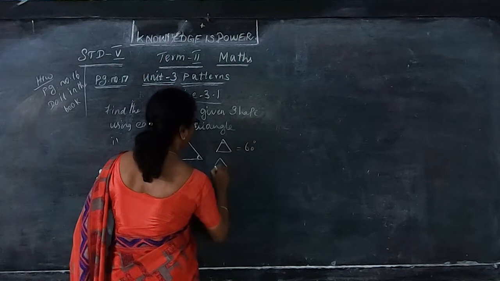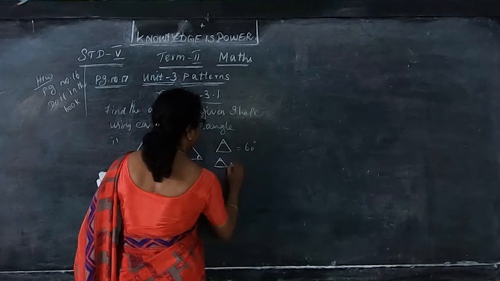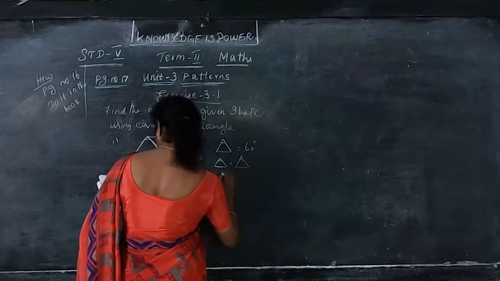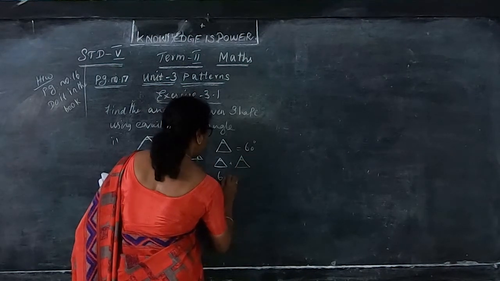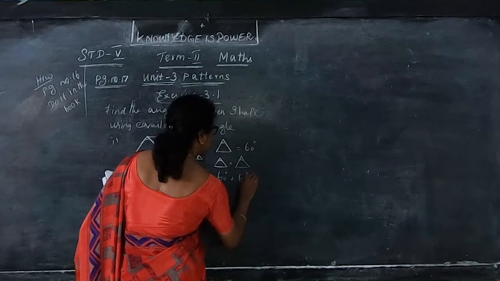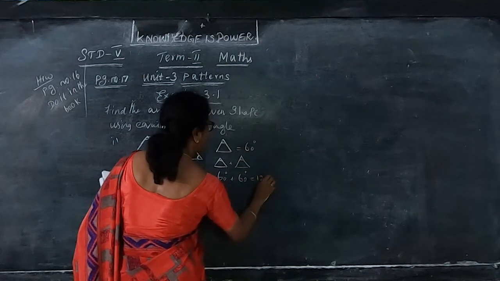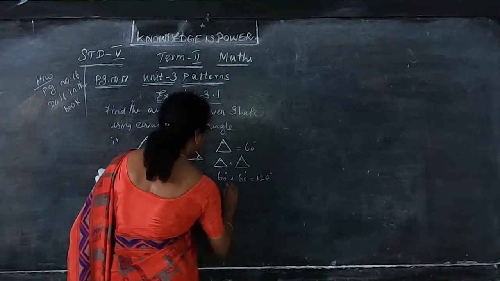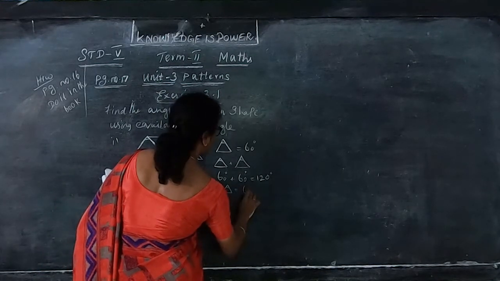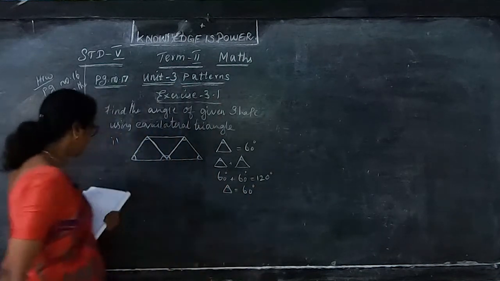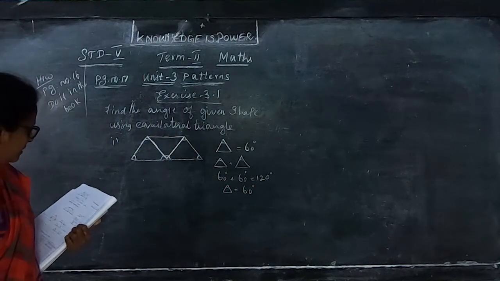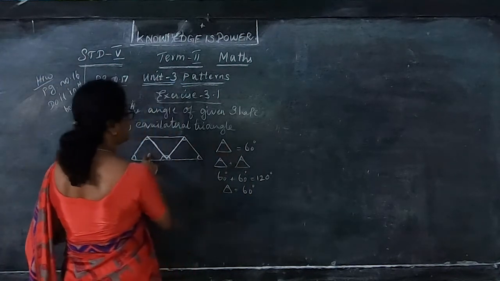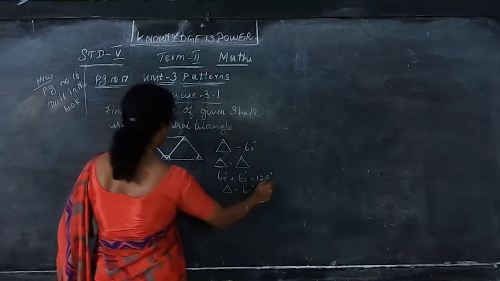So we can put two equilateral triangles, that is equal to 60 degree plus 60 degree, that is equal to 120 degree, these two triangles, and another one is the separate one here, that is equal to 60 degree. Okay, so totally how much is there? One triangle is equal to 60, two triangles is equal to 120.